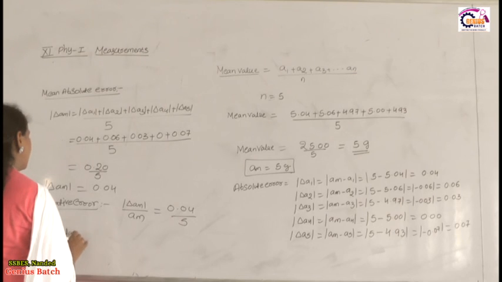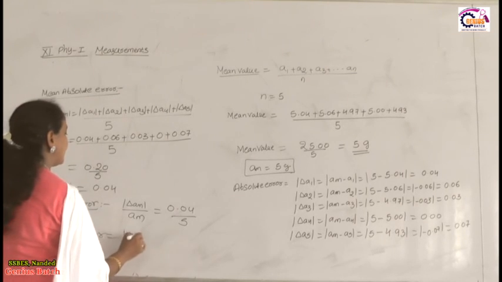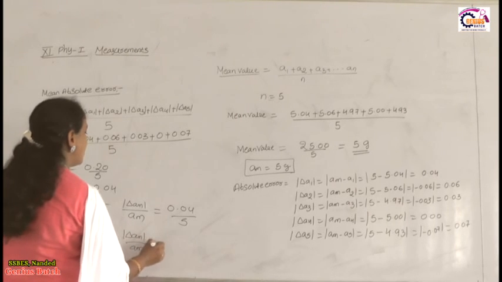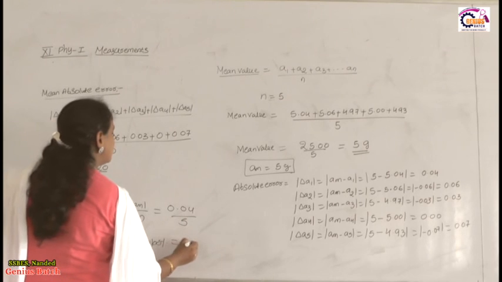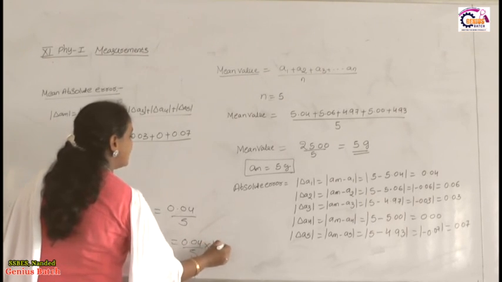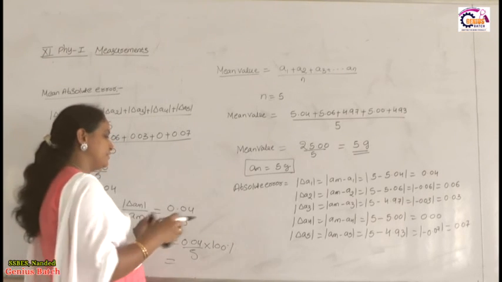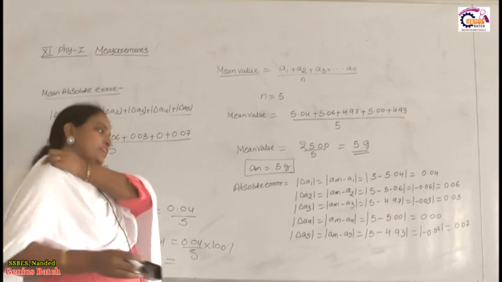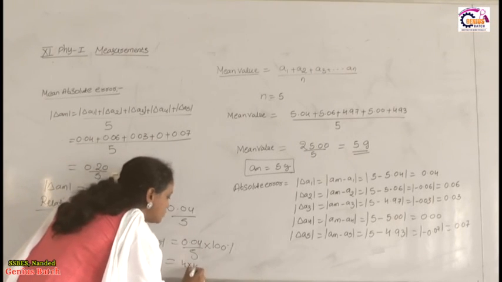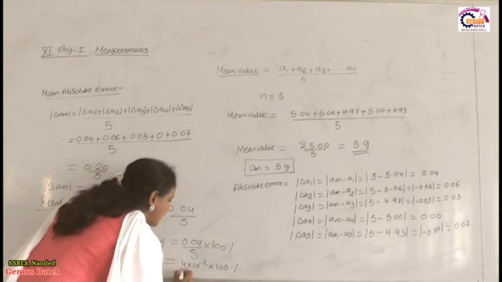Percentage error can be written as delta AM upon AM into 100%. That is 0.04 divided by 5 into 100%. How can we write here? 0.04 we can write as 4 into 10 raised to minus 2, into 100% divided by 5.